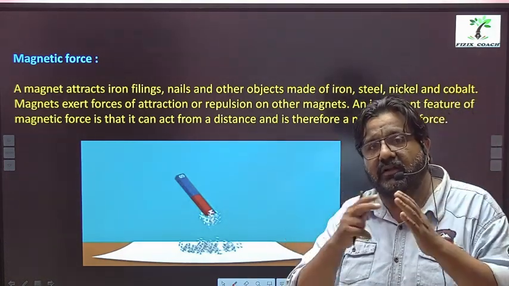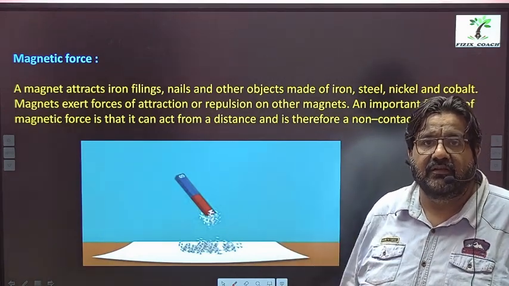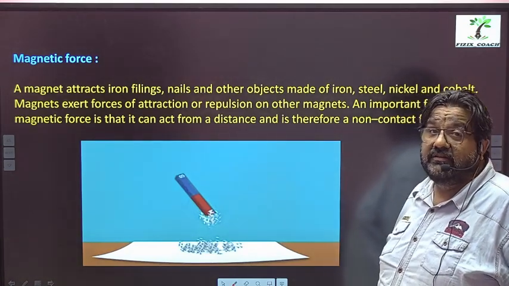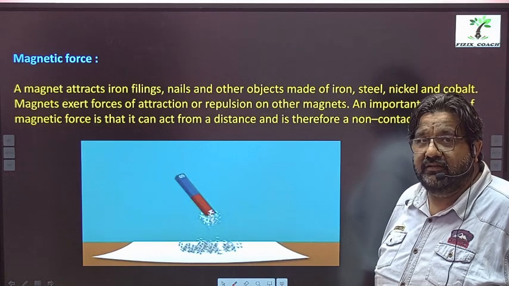Two objects are not in physical contact or touching each other, right? So this was about magnetic forces. So for today, this is enough.